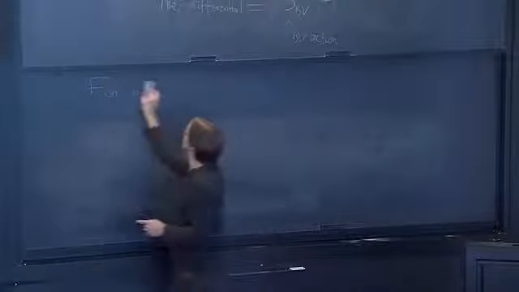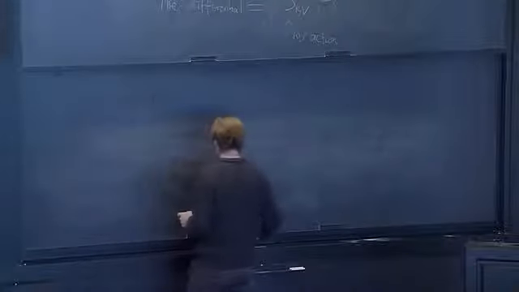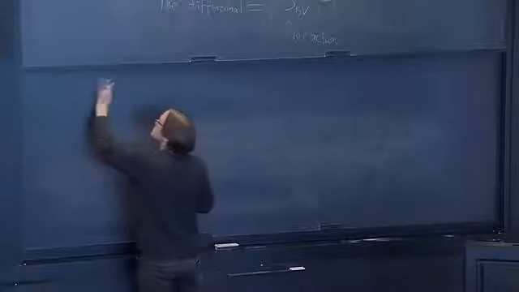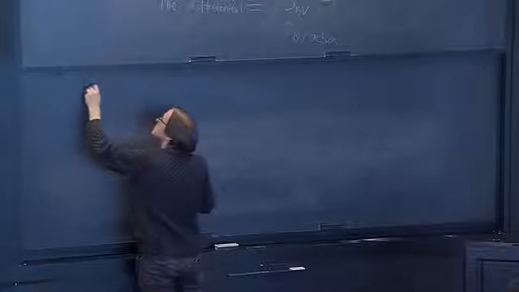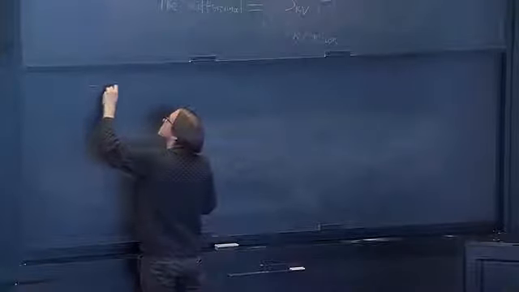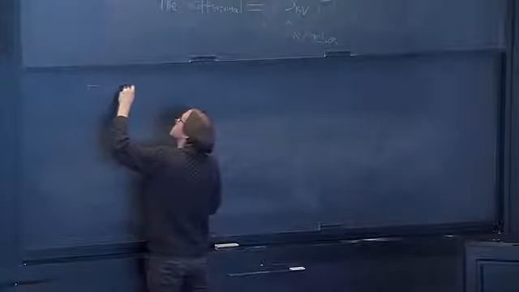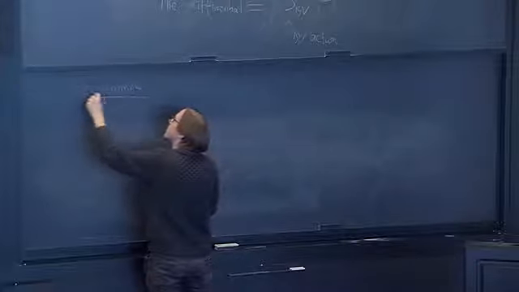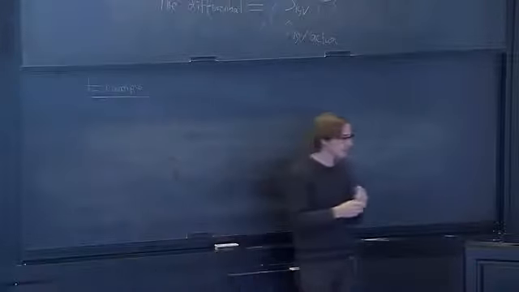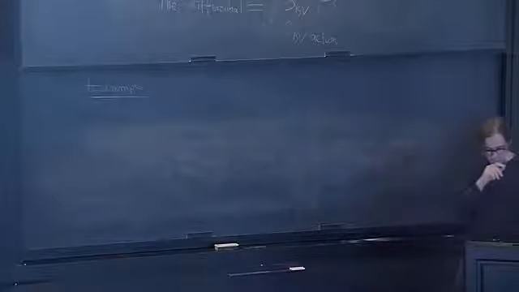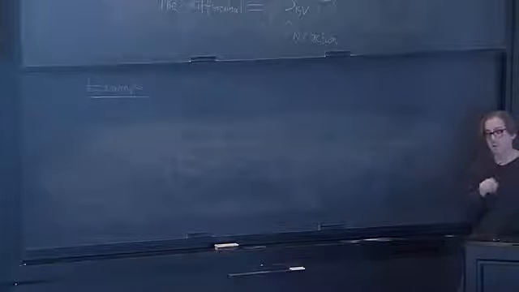I'm not sure this will be too lengthy. You know what? I think this example might be a little bit too lengthy for the time remaining, so maybe I should do a more standard example.